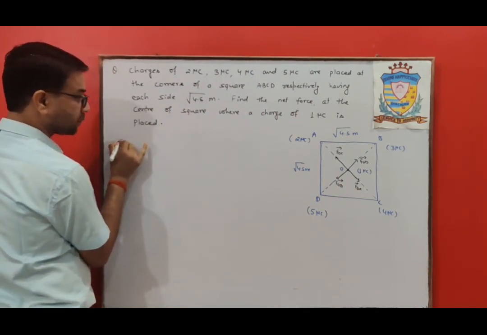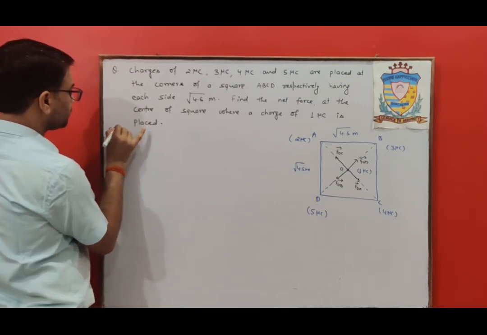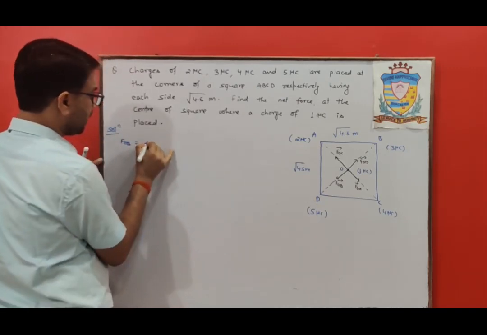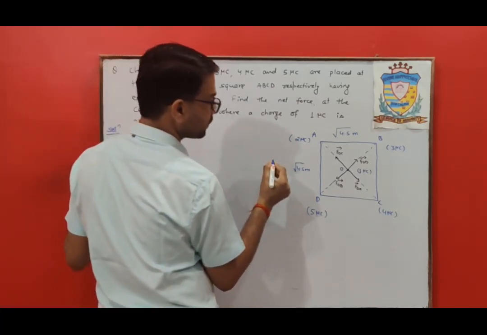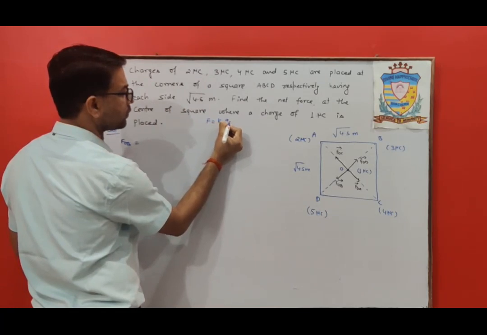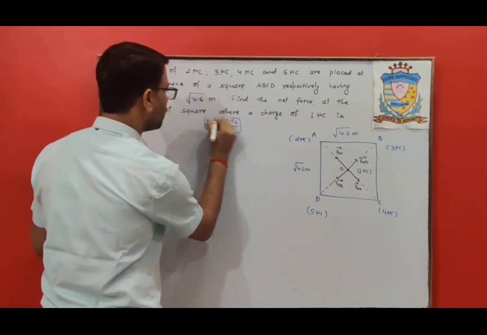So FOB is equal to K Q1 Q2 upon R square. We will use this formula.